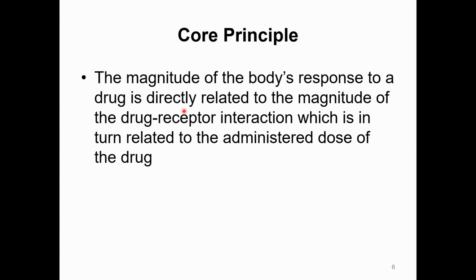It's going to be related somehow to the dose you administer of the drug. So the idea is if you give a little drug, you'll get a little bit of response. If you give a lot of the drug, presumably you might get more response. Okay? And so this whole area of thought called receptor theories has developed to describe these in some more detail. So let's get into receptor theories.